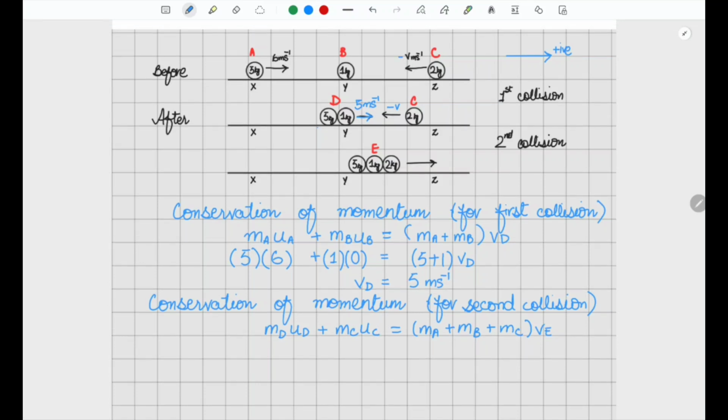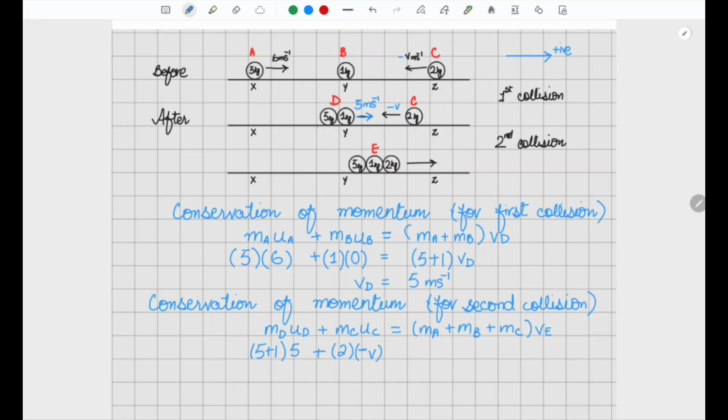Okay, so what is mass of d? 5 plus 1. What is ud? Obviously we found it to be 5, plus mass of c is 2 kg and velocity of c is minus v.